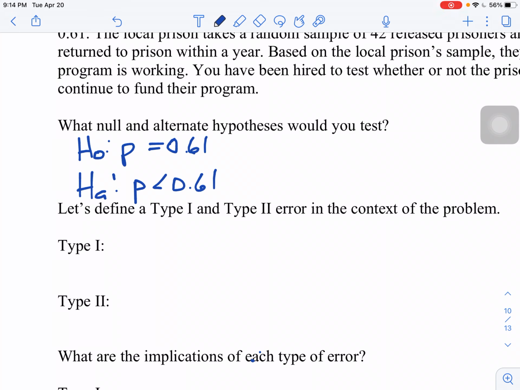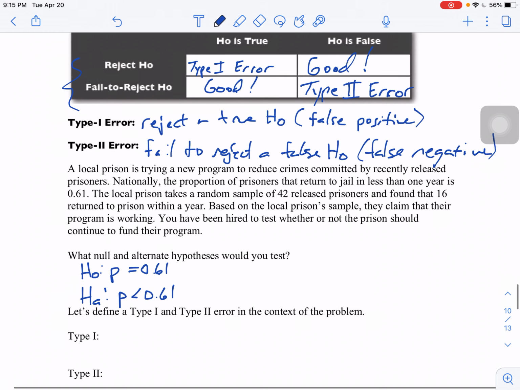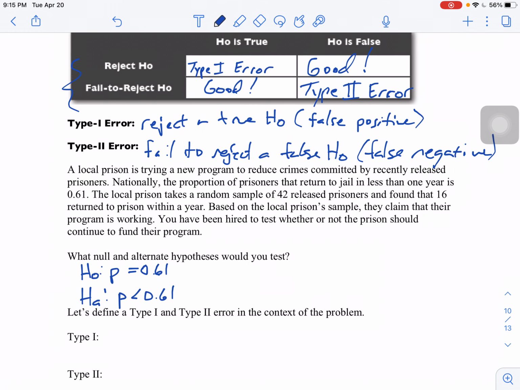If we look at the type 1 error, let's think about if the null was actually true. That means that the recommit rate for the local prison is the same as the national proportion. So really this program is not working if the null is true. Now, if we're making a type 1 error, we're rejecting that true null.